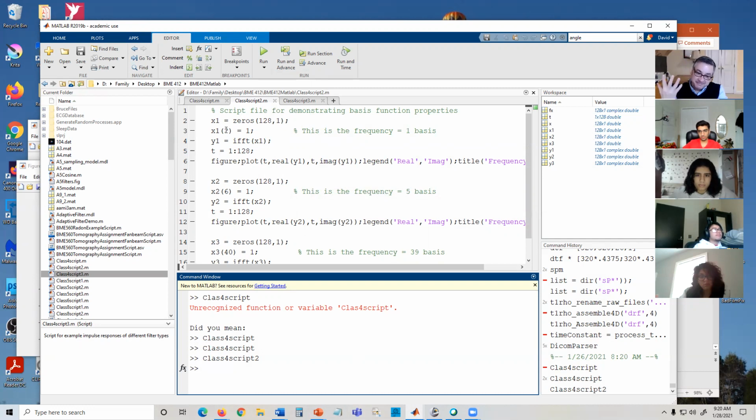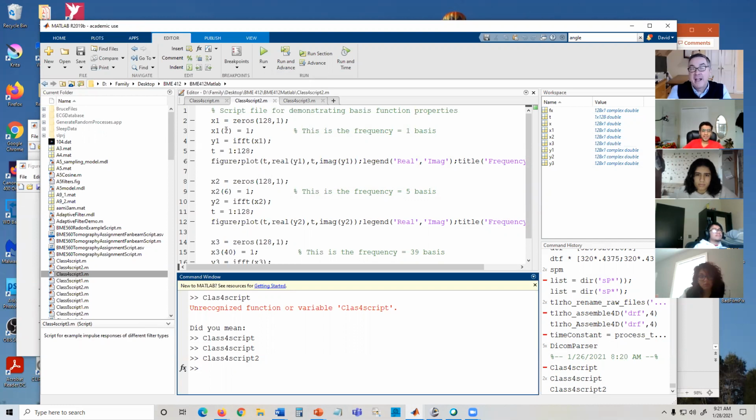That's just because MATLAB chose to make everything one-based instead of zero-based, like a lot of other programming languages. And so that's a thing you have to get used to.